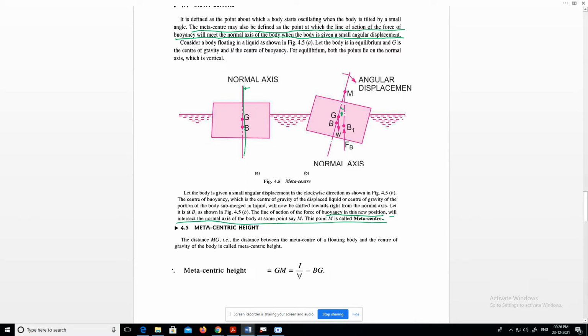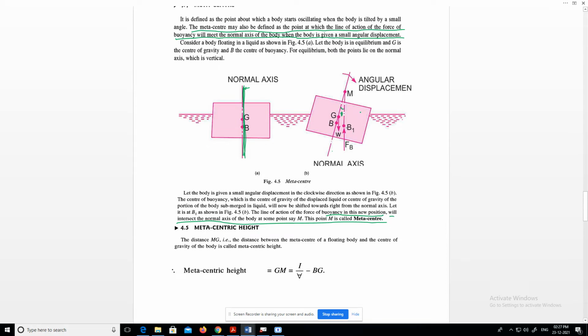For the initial case, with the body in a stable position, the meta center, center of gravity of the body, and center of buoyancy are all on the normal axis only. If the body is tilted by a small angle, the center of gravity remains in the same position, but the center of buoyancy will be shifted towards the right because the submerged volume of the body is changing.